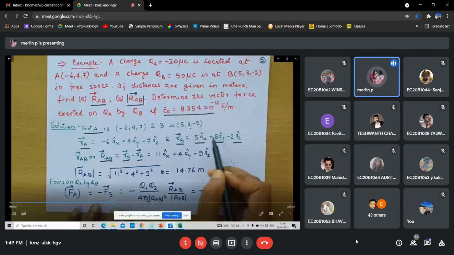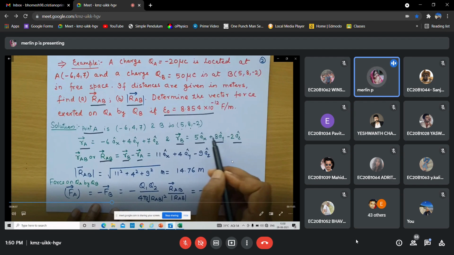If suppose for 2 marks they give one vector like this, RAB vector is 11 AX cap plus 4 AY cap minus 9 AZ cap, and they ask you to determine the magnitude, this is the general form. RAB magnitude is equal to the square root of 11 squared, that is the AX coefficient squared, plus the AY coefficient squared plus the AZ coefficient squared. If you calculate this, you will get one magnitude value.